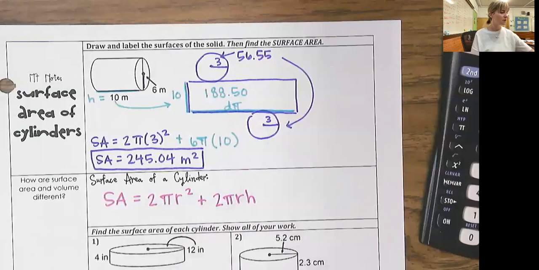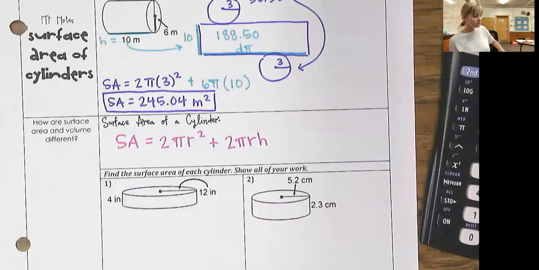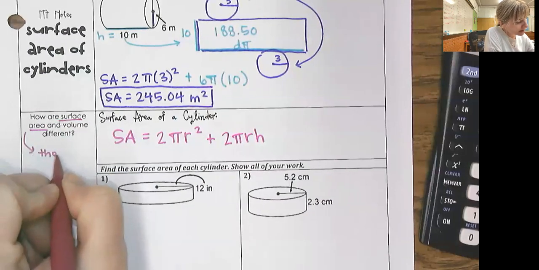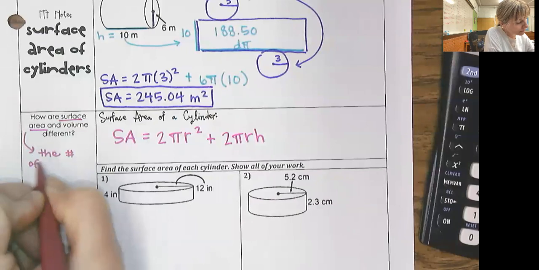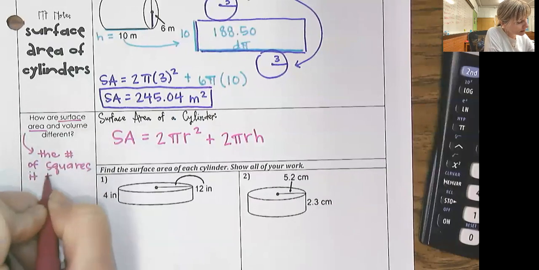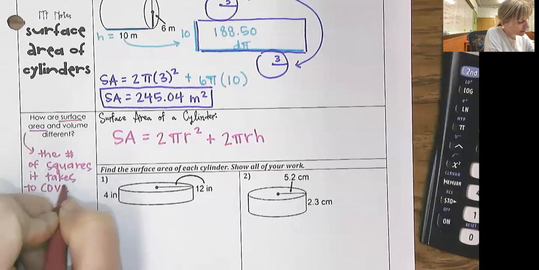But first, look, there's a question over here. This is going to be important to us. How are surface area and volume different? Well, why are they asking about that? Well, because eventually we're going to do some volume. Surface area is the number of squares it takes to cover a figure.